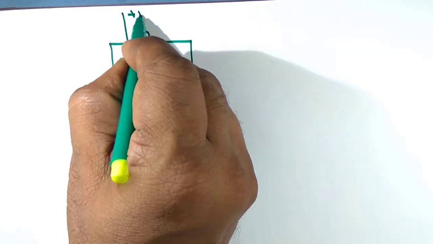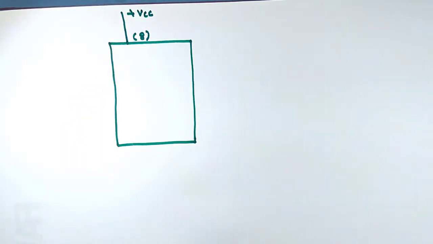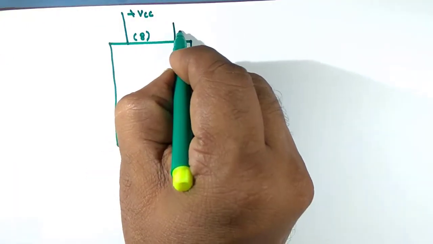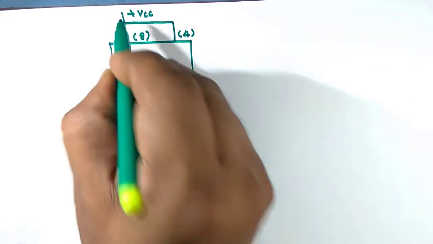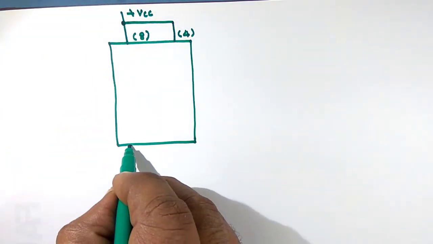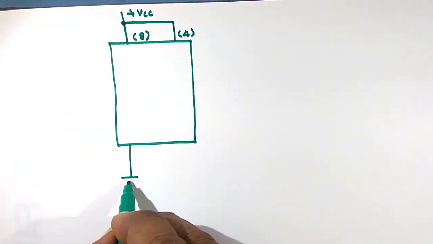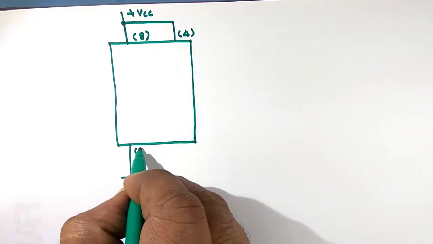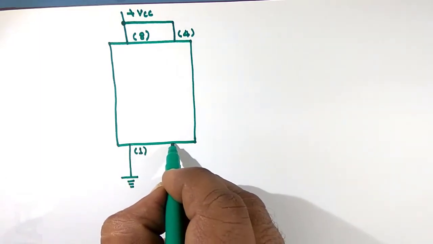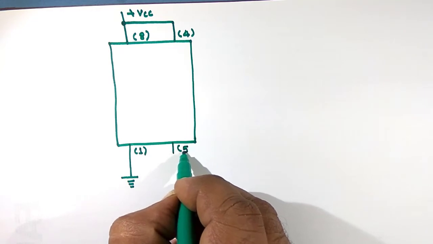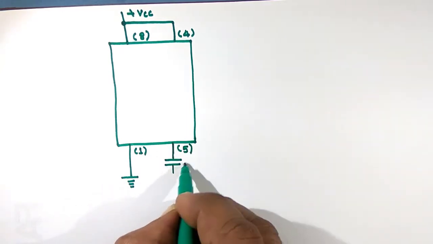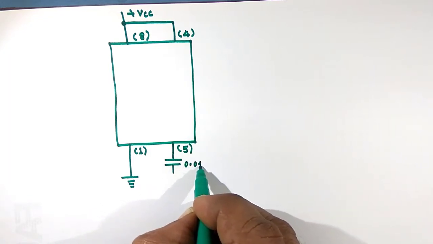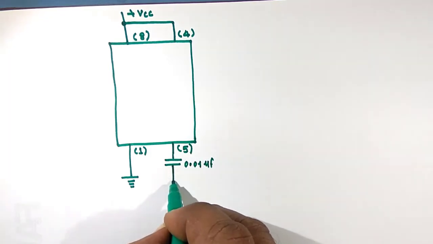So positive VCC is applied at pin number 8 of IC555. Pin number 4 is connected to positive VCC. Pin number 1 is ground terminal, and pin number 5 is control voltage terminal. If it is not used, then it is connected to ground through 0.01 microfarad capacitor.